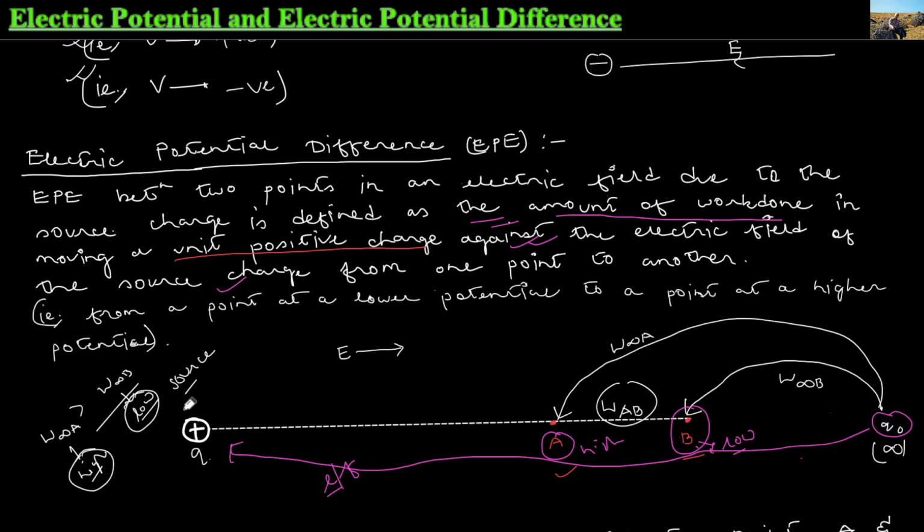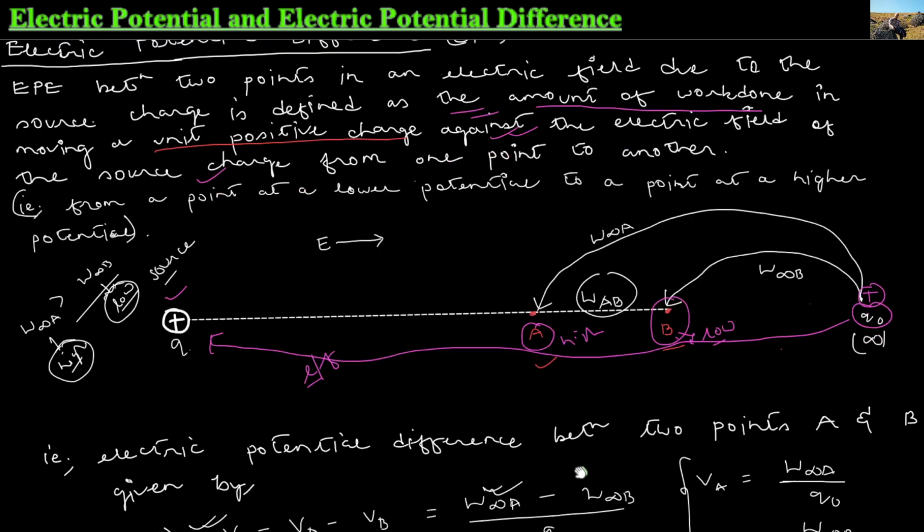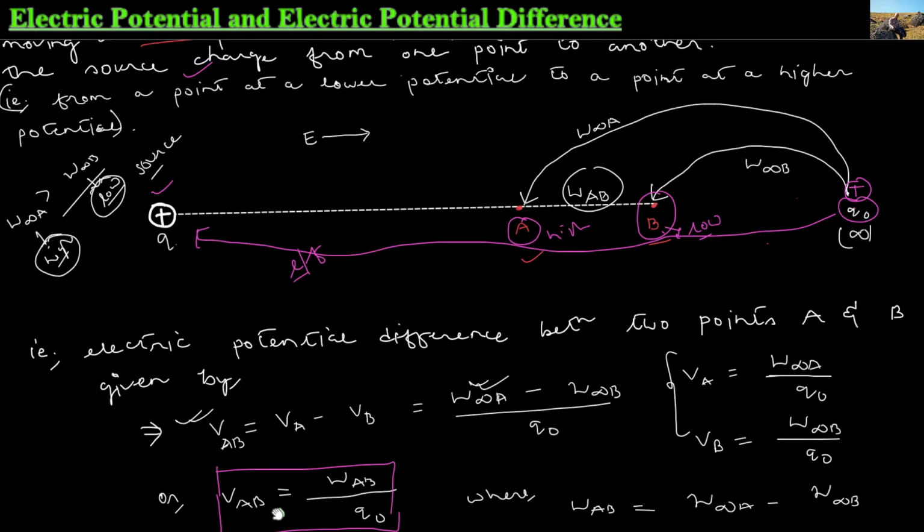In this case, if we consider two like positive charges, there will be more electrostatic repulsive forces. So remember that electric potential difference is WAB divided by Q naught.